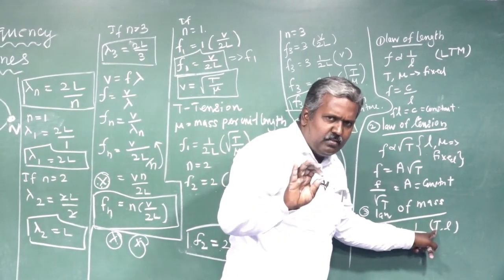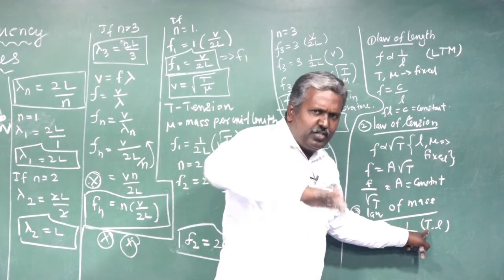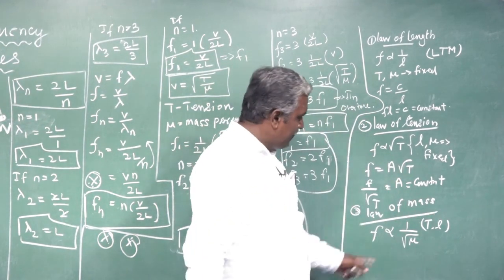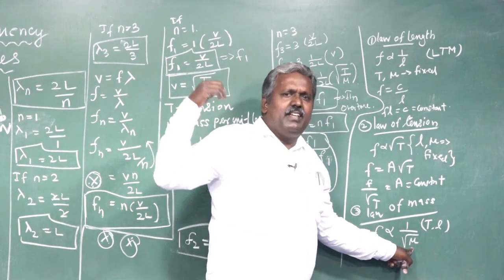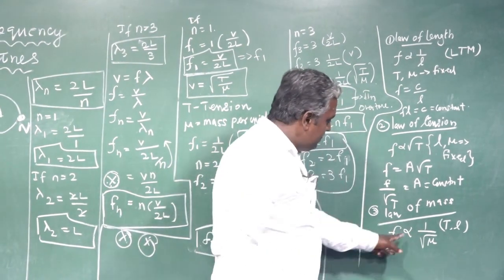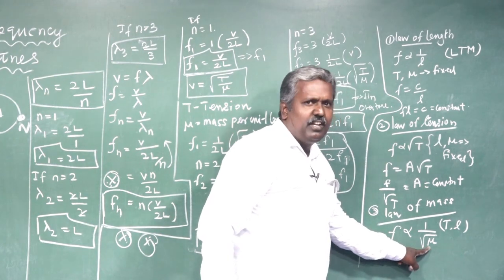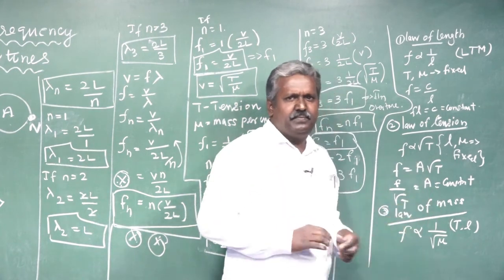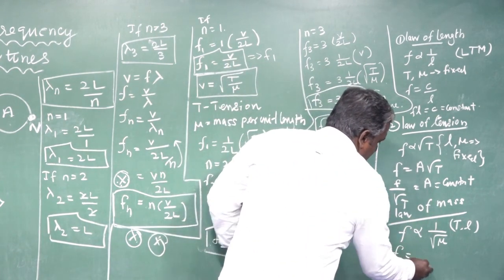T is the tension produced in the string. L is the vibrating length, fixed. Here mu is the mass per unit length, already written on the board. So frequency is inversely proportional to square root of mass per unit length when tension and vibrating length are fixed.